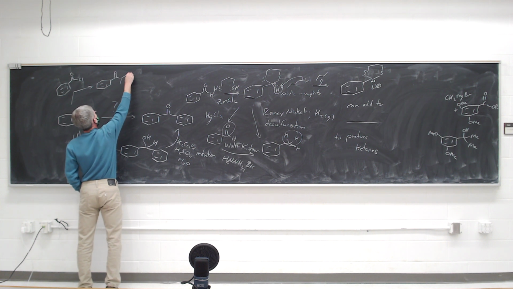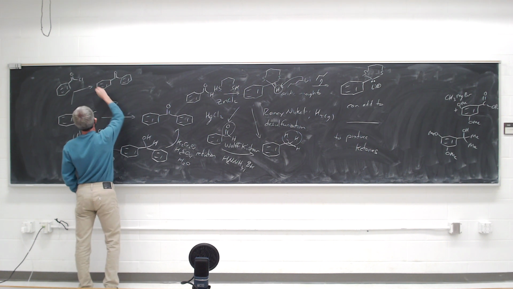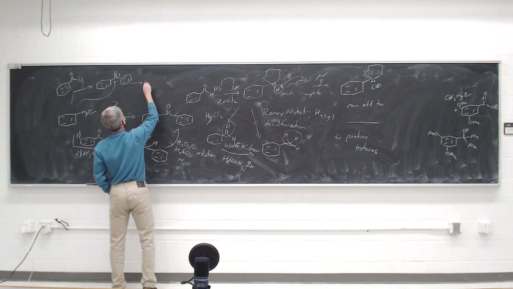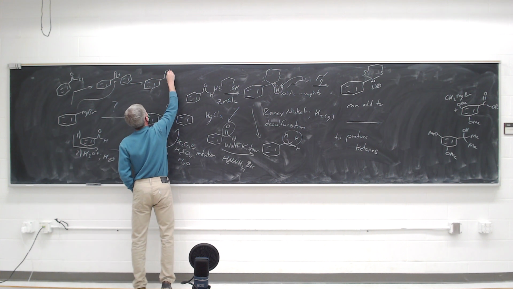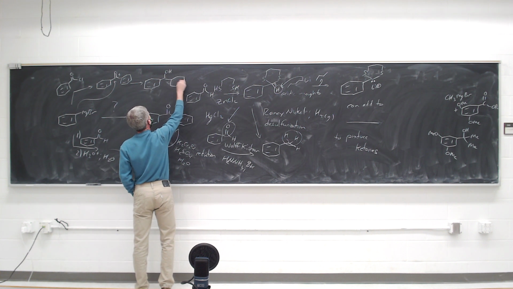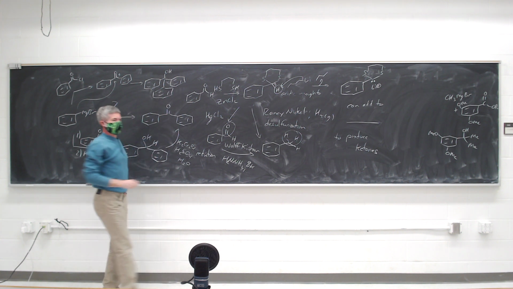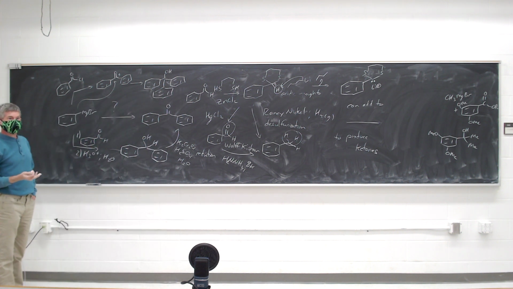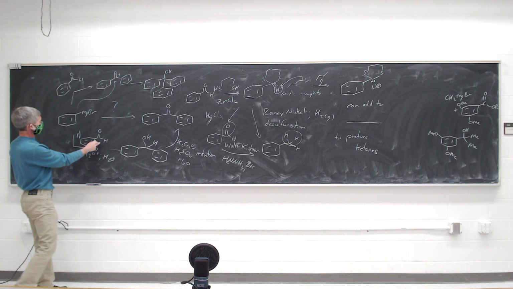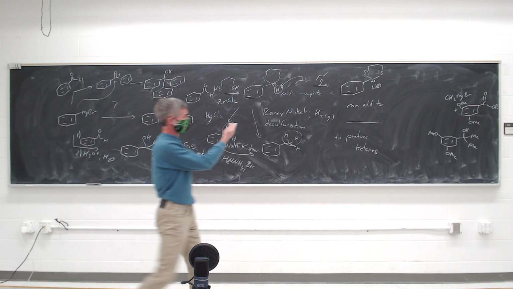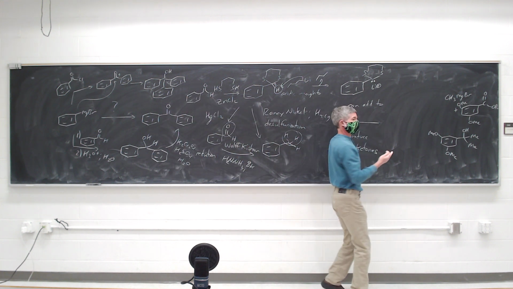You're going to make the ketone, because the ketone is going to react with more and makes a tertiary alcohol. So if you're after alcohols, adding to the aldehyde or adding to the acid chloride or adding to the ester with an alkyllithium reagent or an alkylmagnesium bromide is the answer.